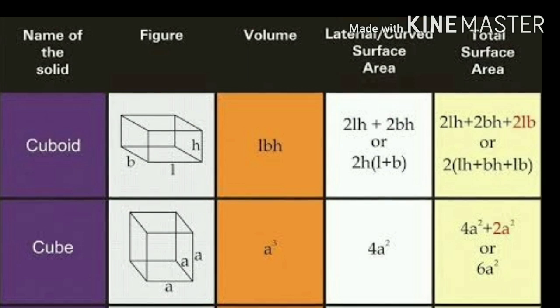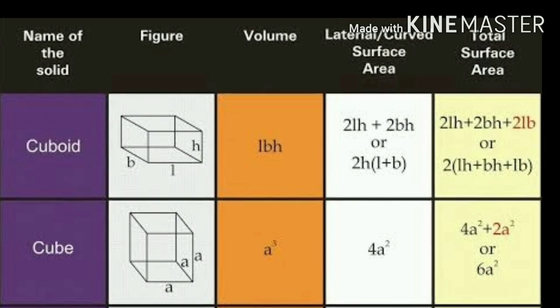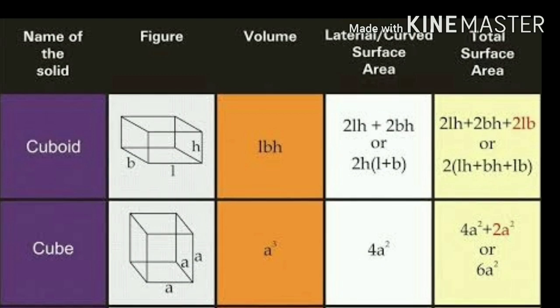The volume of a cube is given by the formula a cube, that is a into a into a. 3 sides of this cube are multiplied, which are of equal length, to get this a cube, and the lateral surface area is given by the formula 4a square.